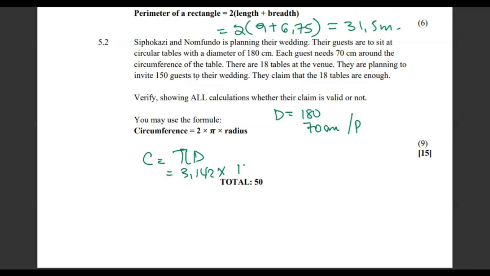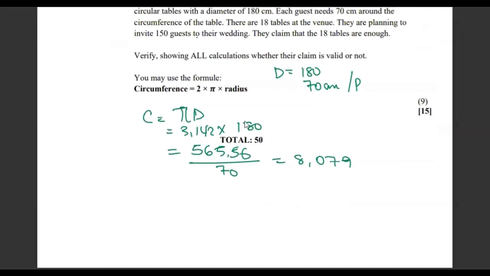The circumference will equal that much. This is the circumference of the table, but each person needs a space of 70. We divide it by 70. So you will need 8 tables.